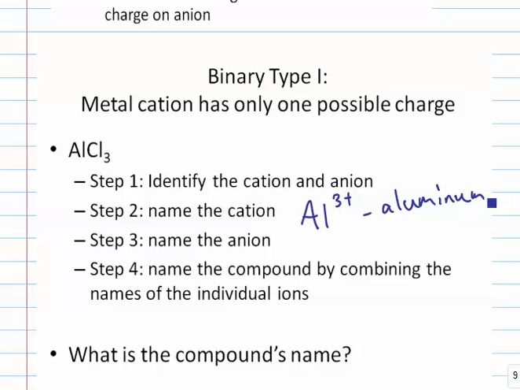Then we're going to identify our anion, which in this case is Cl-. Now in the compound there are 3 of these Cl- ions, but in this designation, when we form the compound AlCl3, because aluminum is always a +3 charge, when it forms an ionic compound with chlorine, it will always be a 1:3 ratio to balance that charge.